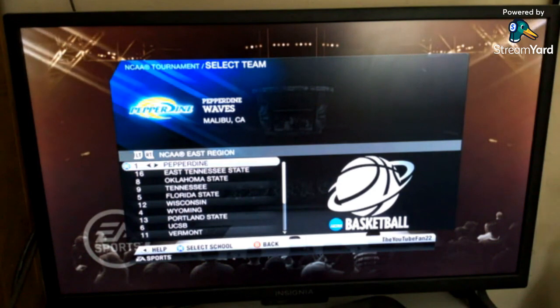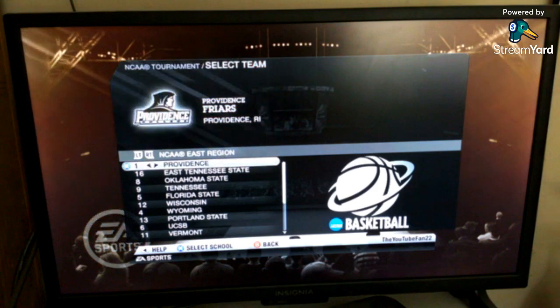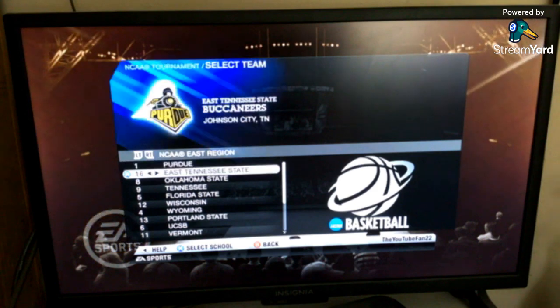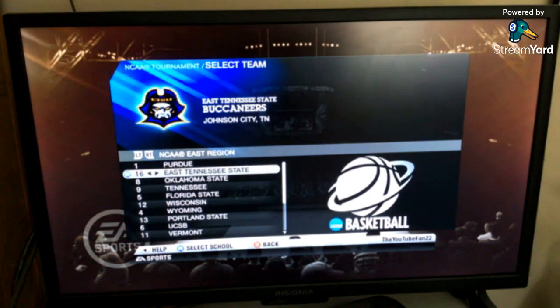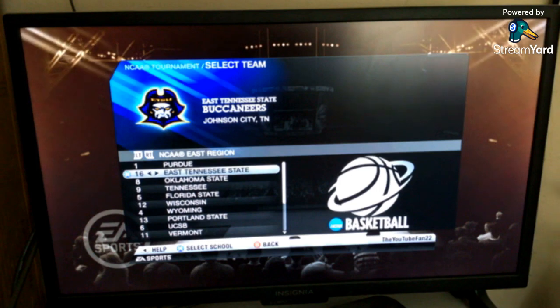All right, so let's go with number 1 seed, which is Purdue. Making sure Purdue is there. All right, now Texas Southern is the next one. That is 16th seed. All right, so what was I saying? Oh, Texas Southern.